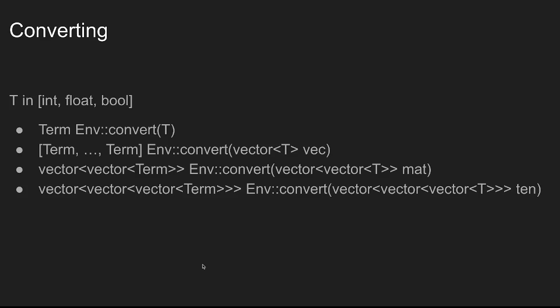So you can have vectors of vectors of vectors of integers, floats, or bools. And the conversion will work. What you get back is the corresponding structure, but instead of having integers or floats or bools inside, you have terms in there. And that is how you convert raw data into Seeker terms.